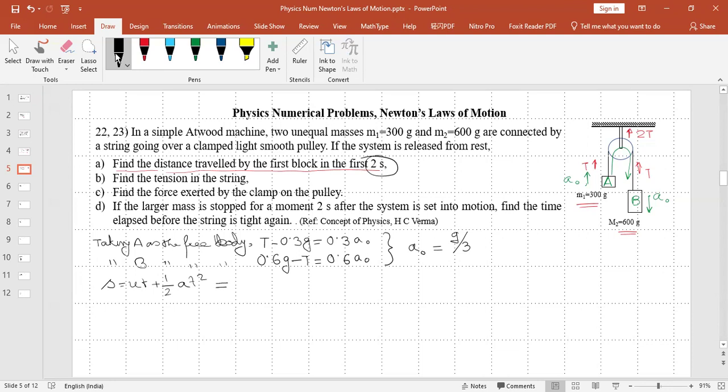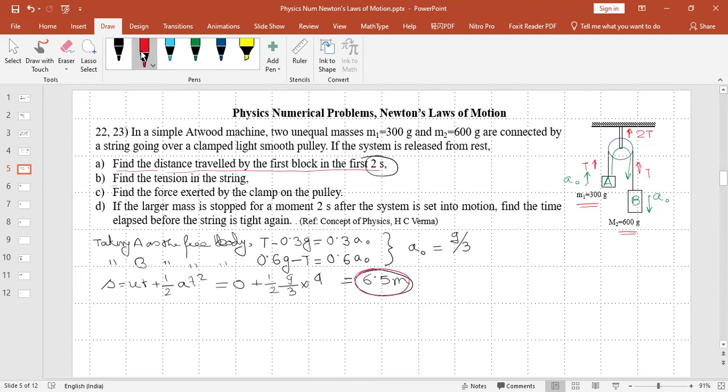Initial velocity is 0, plus half, acceleration is g by 3, t square is equal to 4. This distance you will find is 6.5 meter. So this is one answer, 6.5 meter.